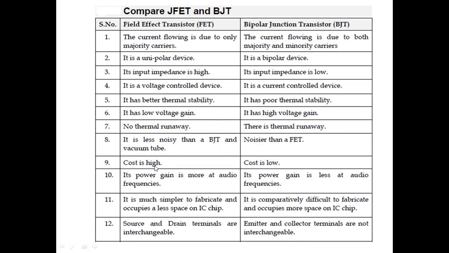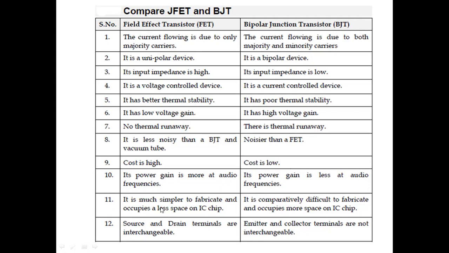Cost is high. JFET cost is very high, approximately 100 to 120 rupees. But BJT cost is very low, roughly 10 to 20 rupees only. The power gain is more for the field effect transistor at audio frequencies, and power gain is less for BJT at audio frequency ranges.